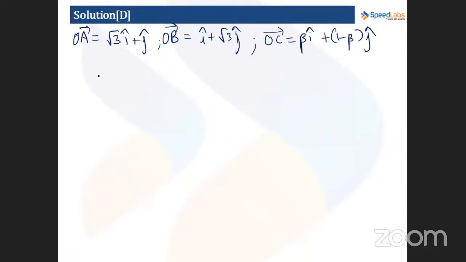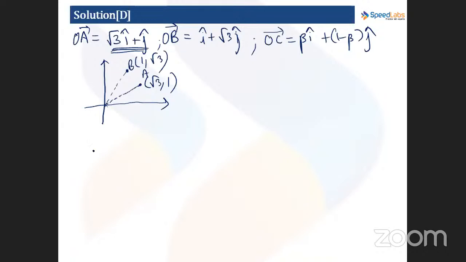Now if I try to plot these on the xy plane, A is root 3 comma 1, and B is 1 comma root 3.